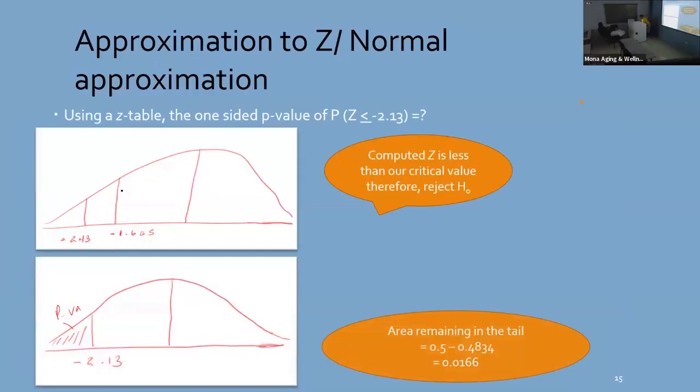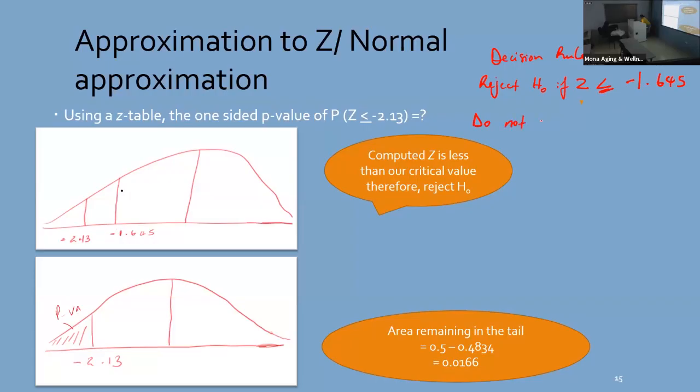The decision rule would have been: reject H naught if Z is less than or equal to negative 1.645. It's less than because it's lower tail.